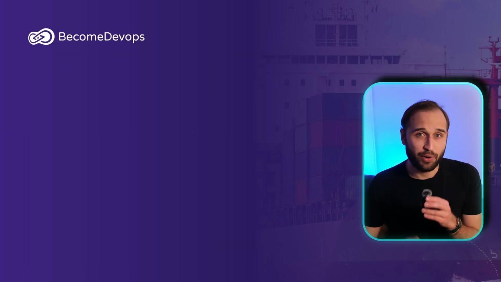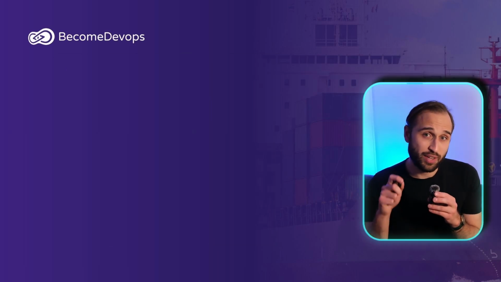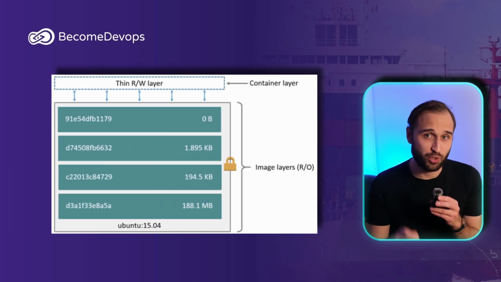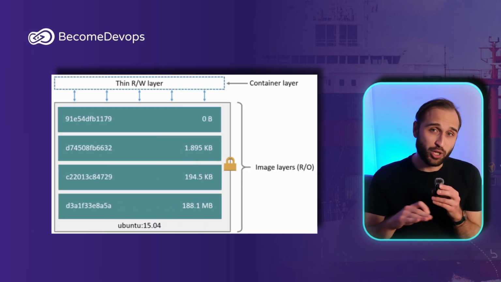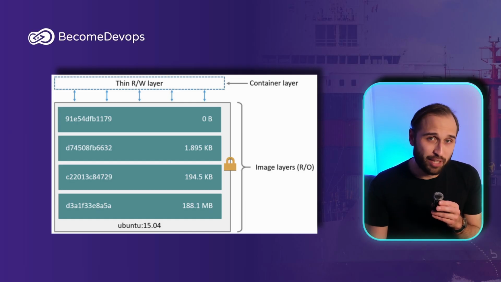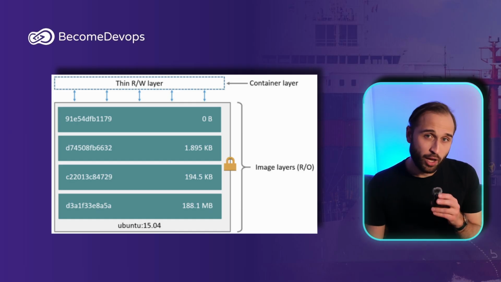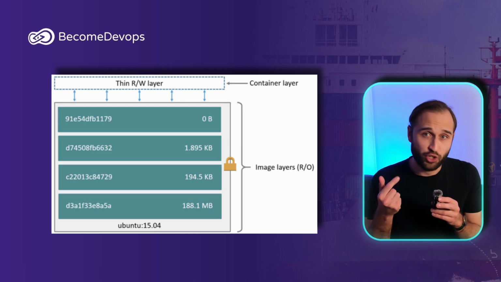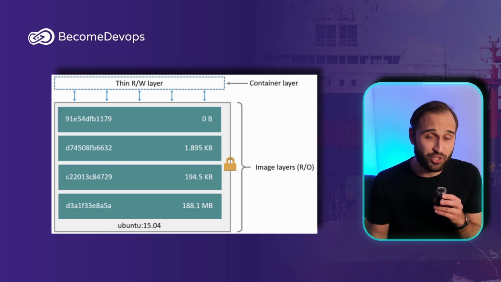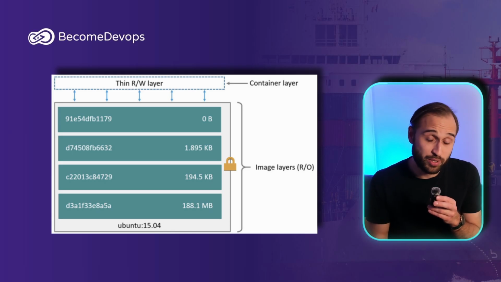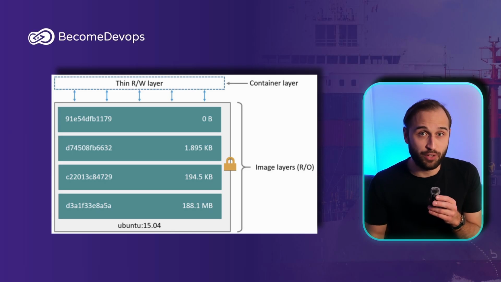So images are immutable, meaning that once they are built, they don't change. This is actually what makes Docker so powerful. You can run the same image on any machine and get the same environment every time. On top of that, of course, Docker images can also be versioned, shared, and stored in registries, such as for example Docker Hub or private registries that you might have in your infrastructure.